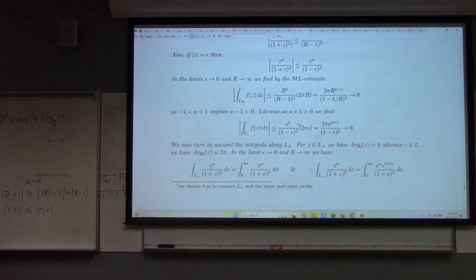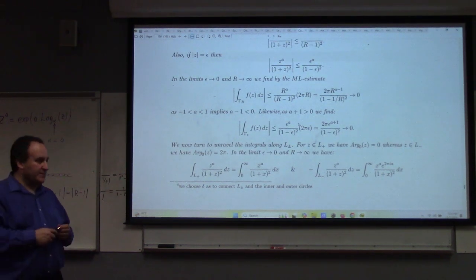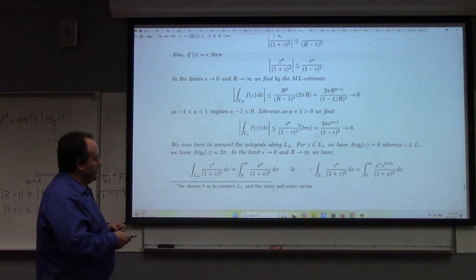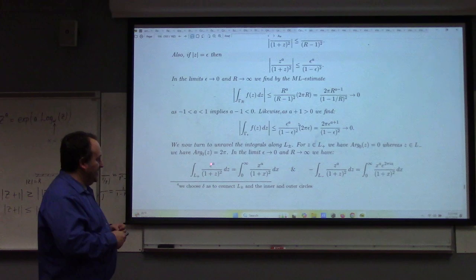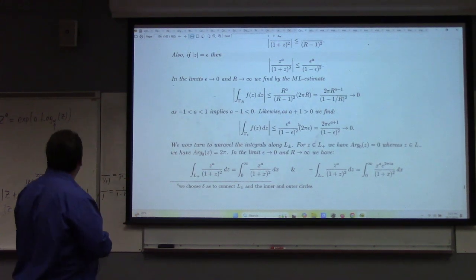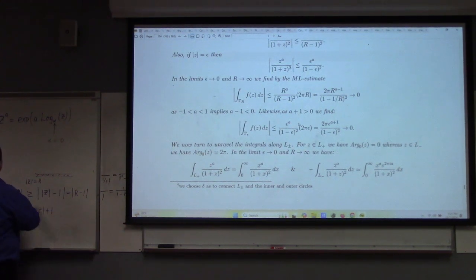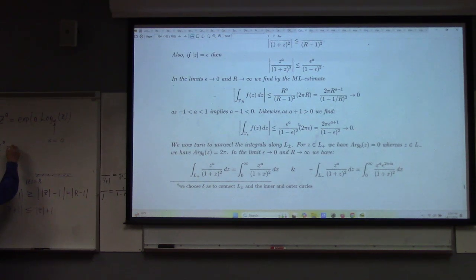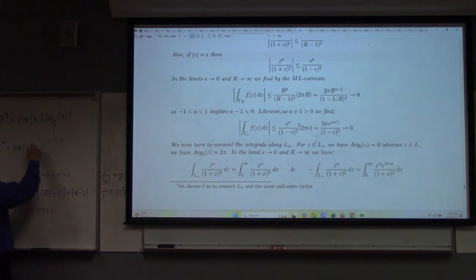Now, there we just need to be careful. L plus is pretty simple. L plus is the one that's got the argument of 0. So for the argument of 0, when we work out z to the a, we just get x to the a, because x to the a equals the exponential of a natural log of the absolute value of x.